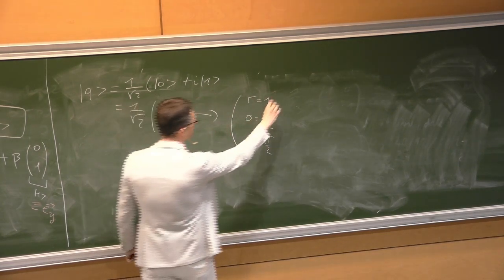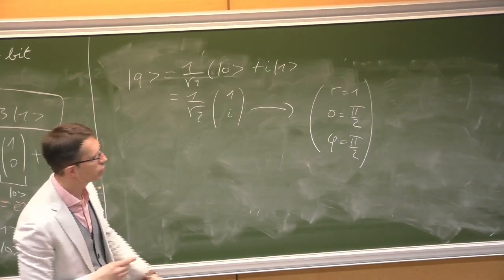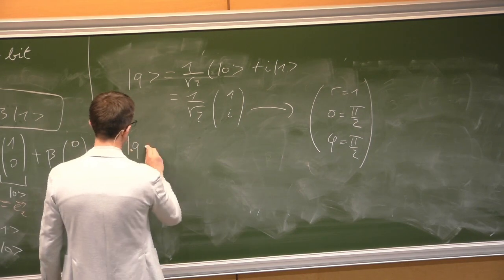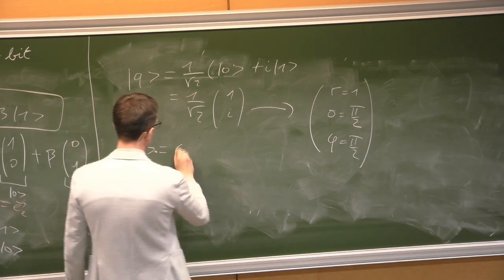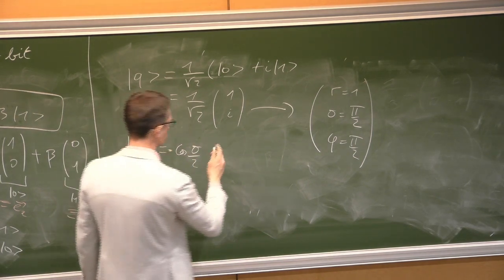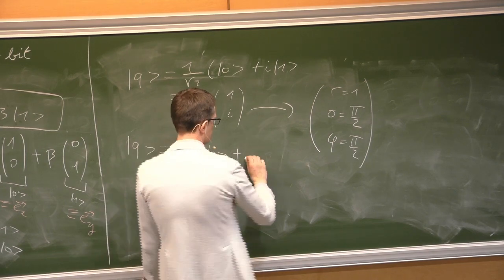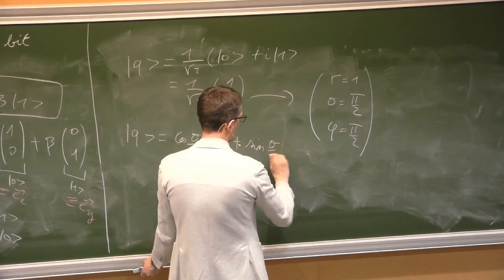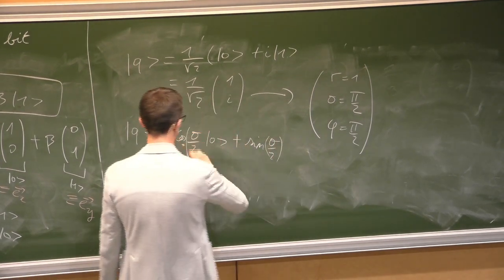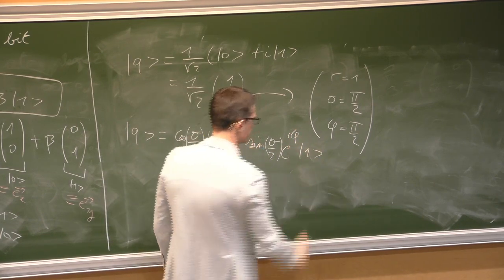Because if I take that representation of a qubit, Q can be written as cos theta over 2, 0, plus sine theta over 2, then exponential i phi, and then 1.